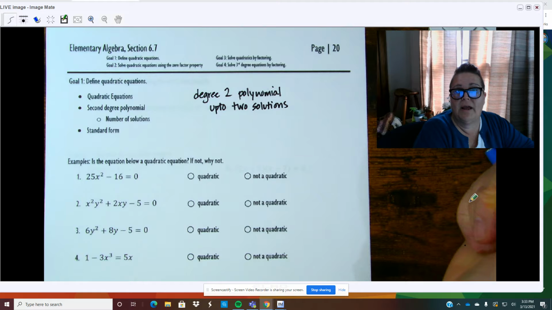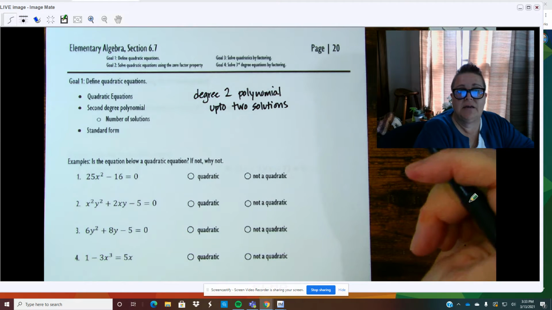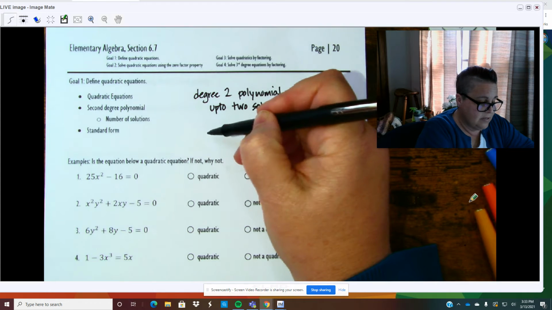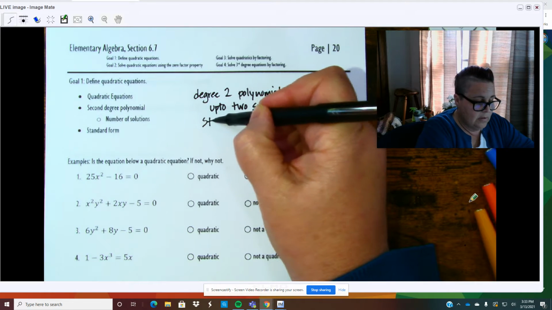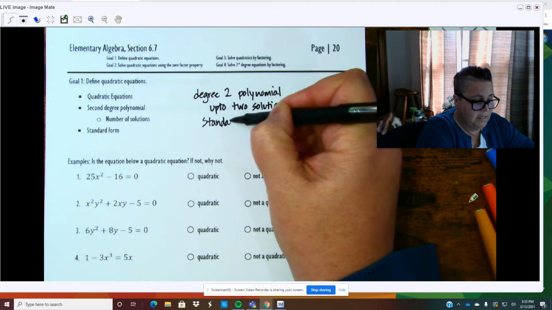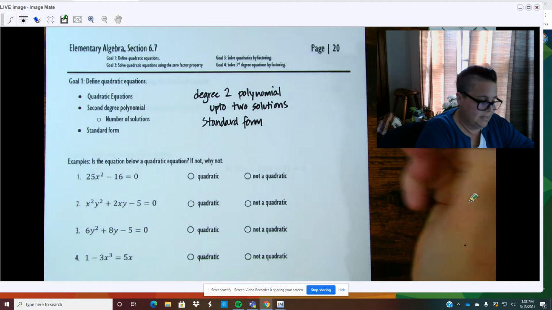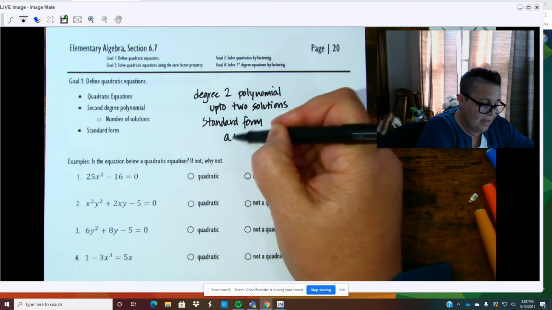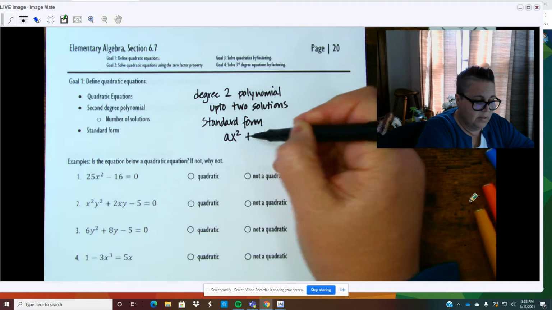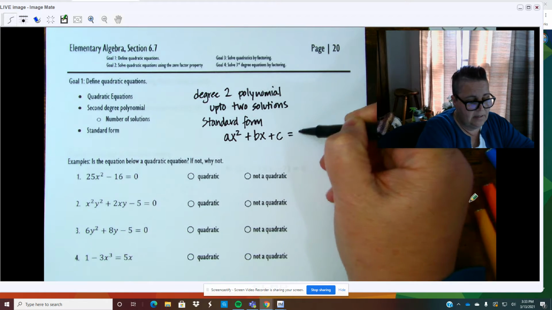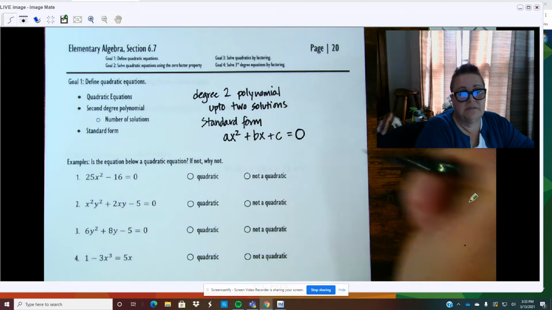All right? We will recognize a quadratic equation by looking for its standard form. The standard form of a quadratic equation, you've seen it a lot, is ax squared plus bx plus c is equal to 0.